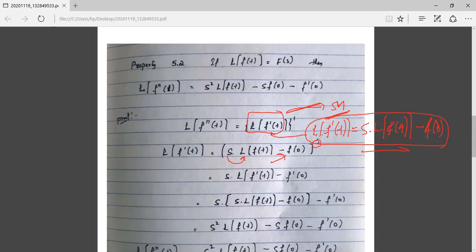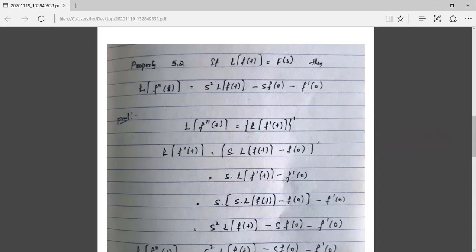When we separate this, s is a constant term, so we take it outside, and the remaining is the Laplace transformation of f dash of t minus f dash of 0.